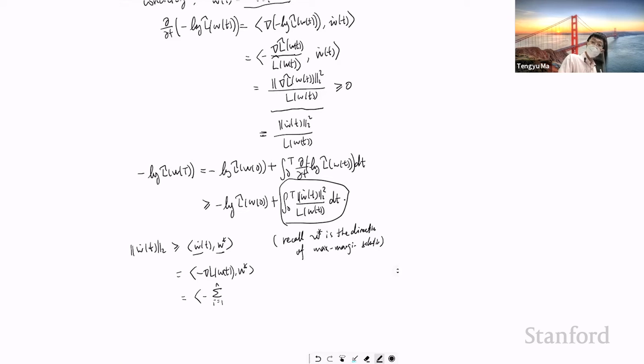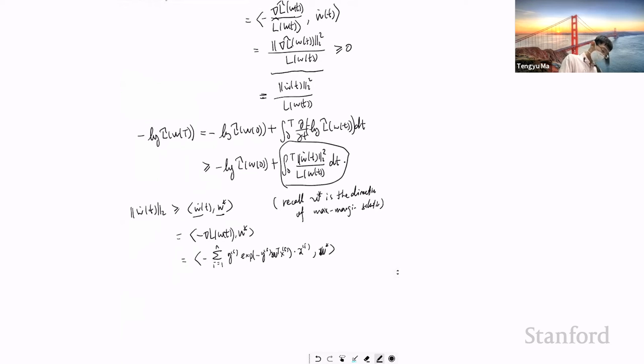So this equals yi times exponential of minus yi W transpose xi, times xi, and times W star. This is a vector, this is a scalar, this is a scalar.